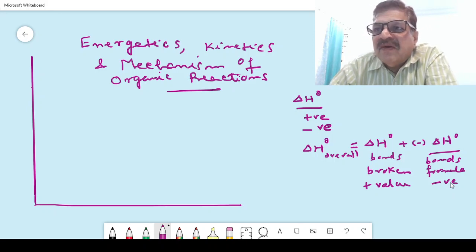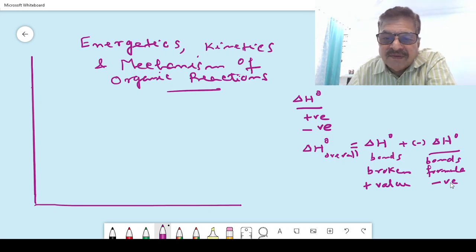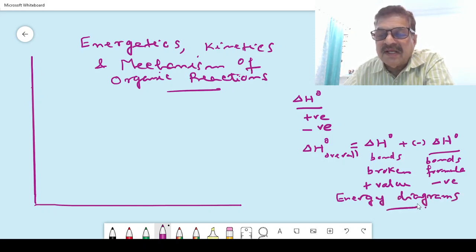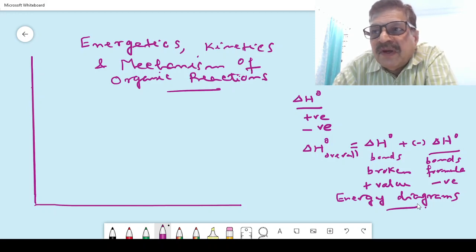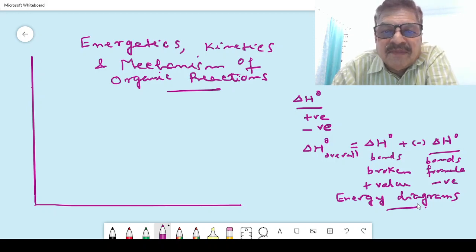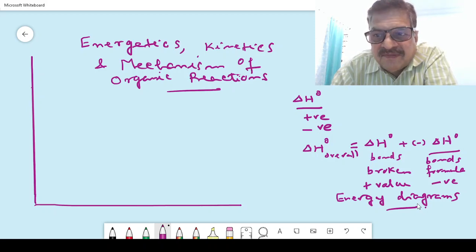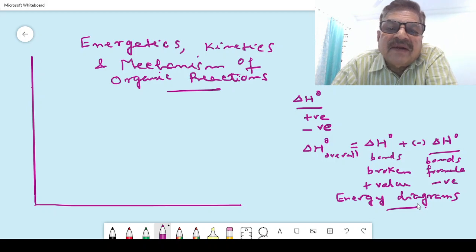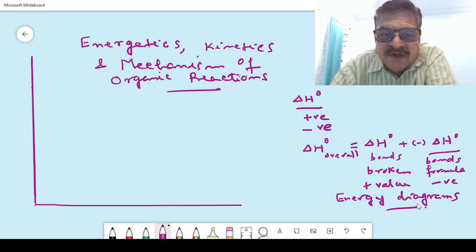It will show you the energy changes that take place during a chemical reaction, when the reactants are converted into products. The energy diagrams will tell you this.